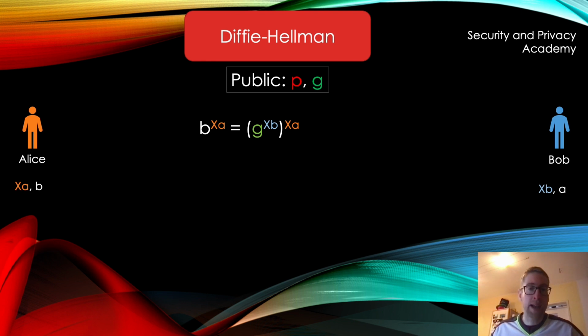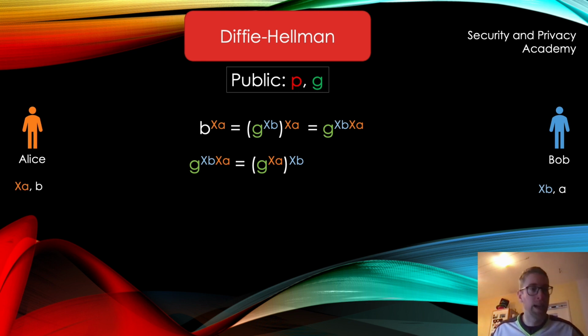So we can eliminate the brackets, and we have G to the power of XB times XA. Now we can reintroduce the brackets, since the order of operations doesn't matter when we multiply, and we get G to the power of XA to the power of XB.